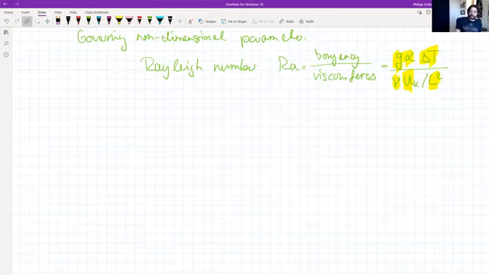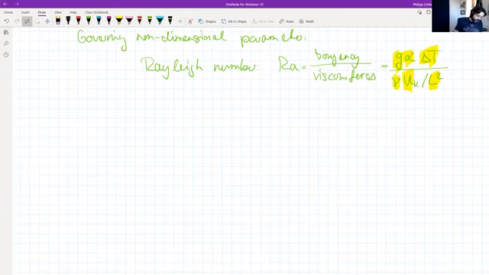It was in fact Rayleigh who was the first person that could actually solve that problem and come up with a prediction of this critical Rayleigh number. He used something called linear stability theory, which we will not go into in detail in this course, but there are other courses where you can study that. The basic idea is you linearize the Navier-Stokes equations and then you solve an eigenvalue problem, which gives you this critical Rayleigh number.